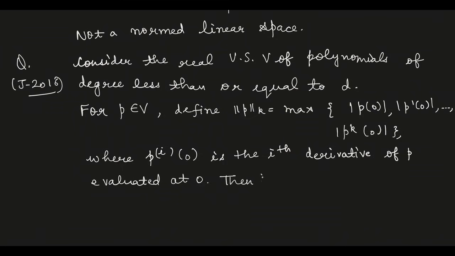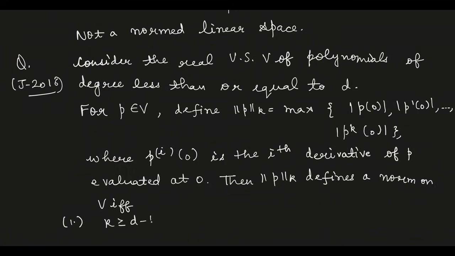Then norm P k defines a norm on V if and only if: first option, k is greater than or equal to d minus 1. Second option, k is less than d. Third option, k is greater than or equal to d. Fourth option, k is less than d minus 1.